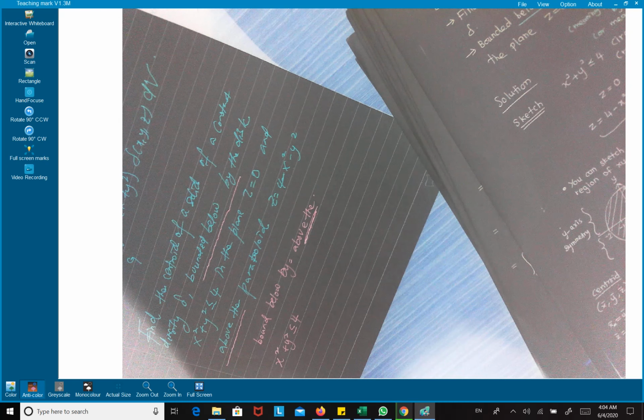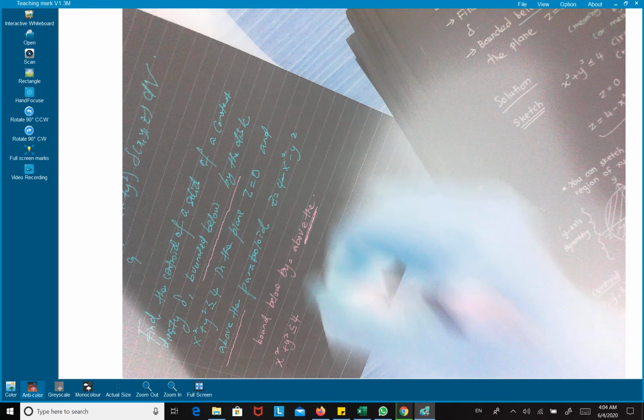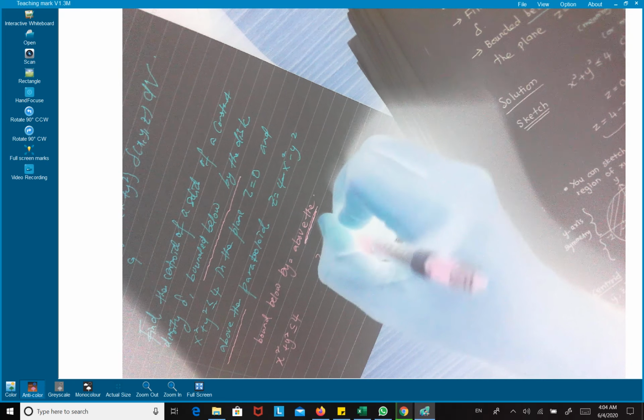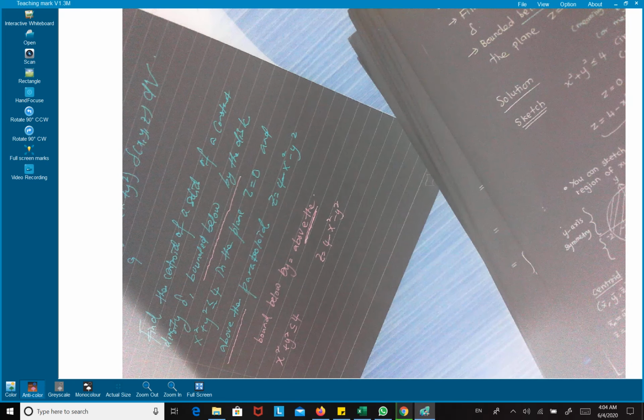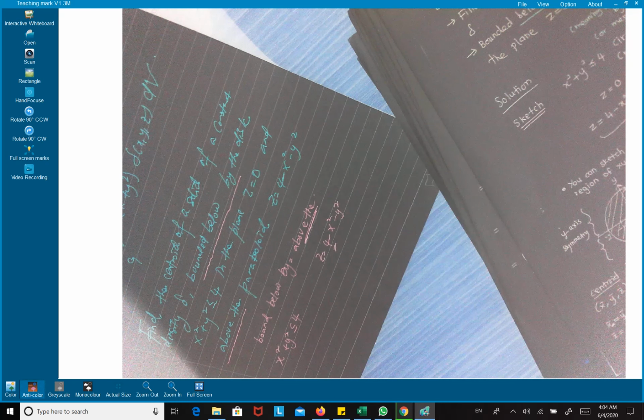So another one is z equals to 4 minus x squared minus y squared. It's a paraboloid. The maximum value is 4. Okay. So we have to combine the two surfaces.